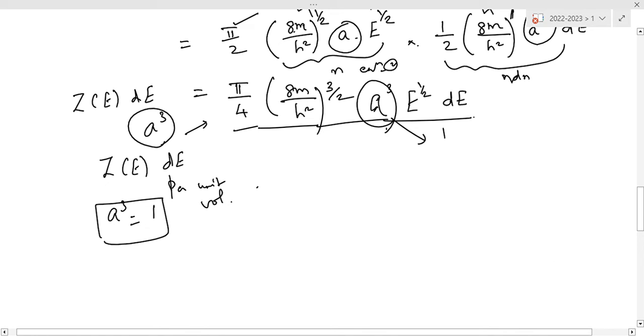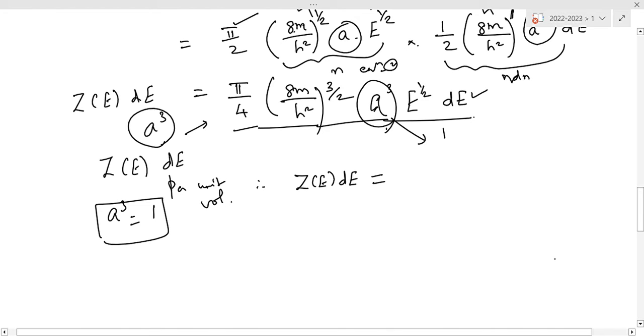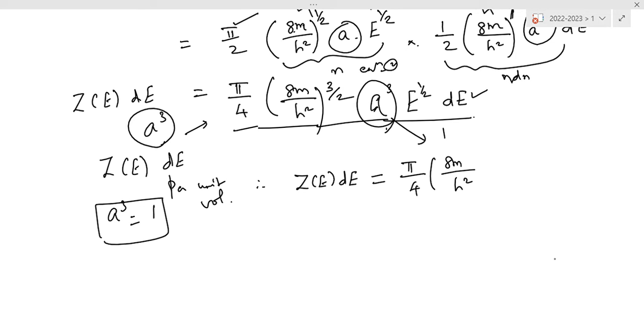Therefore, the number of available energy states of the electron per unit volume of the metal in the energy interval dE is pi by 4, 8m by h square the whole power 3 by 2 E power half dE.